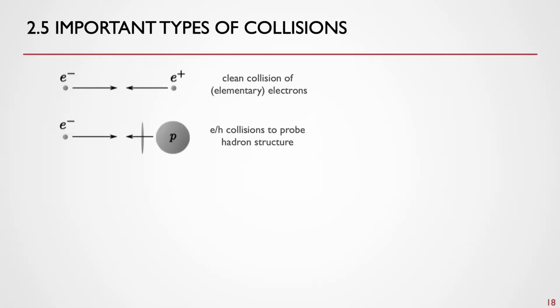Now, next we could do electron-hadron collisions, and hadron, let's say a proton. High energetic collisions mean that in the lab frame, the proton is Lorentz contracted along the direction of its movement.